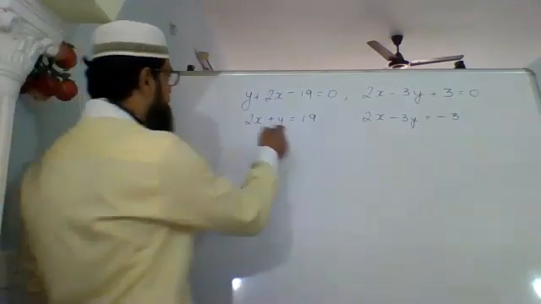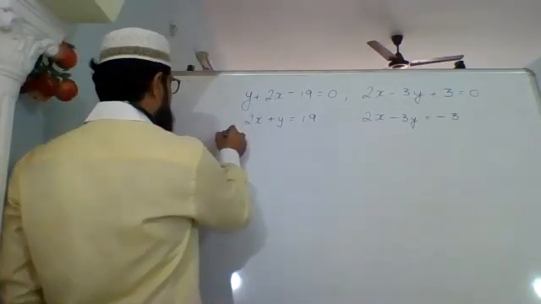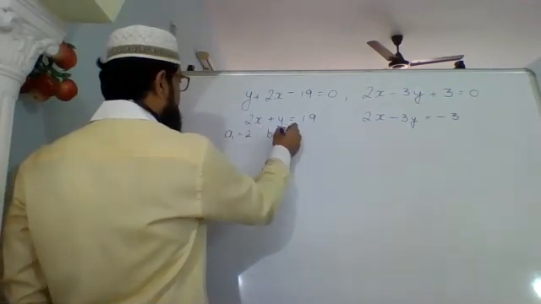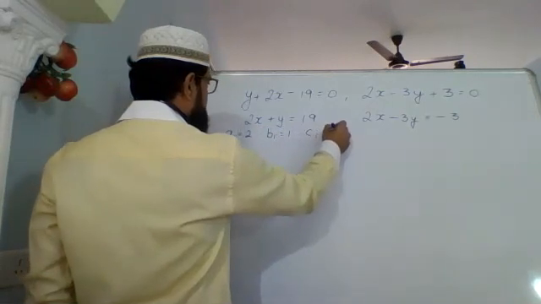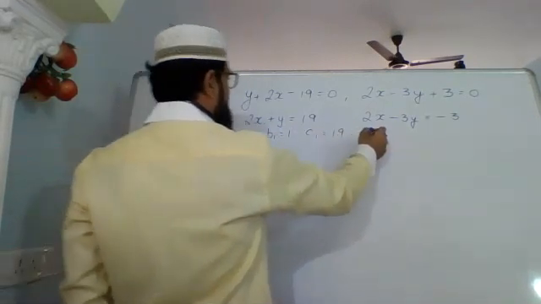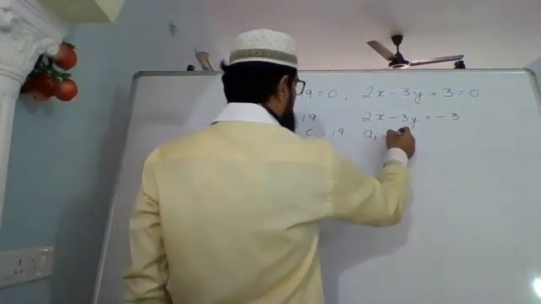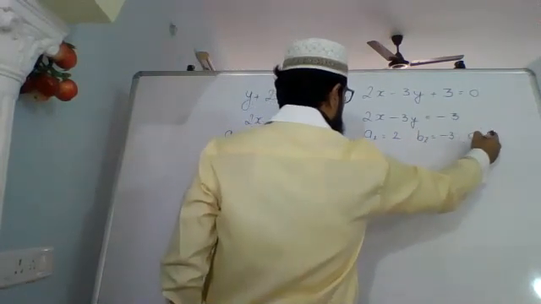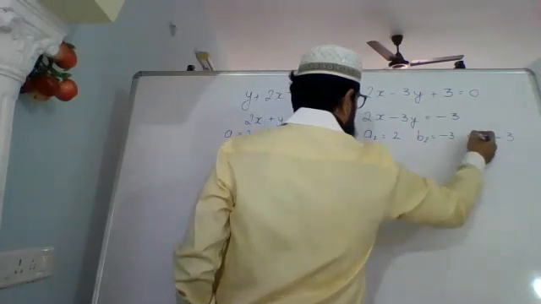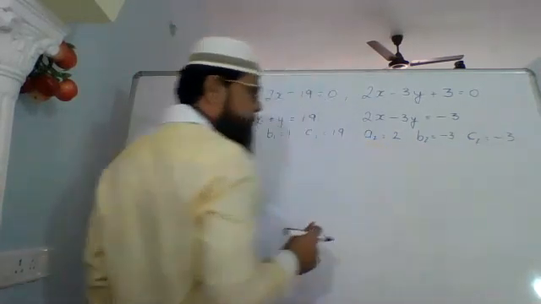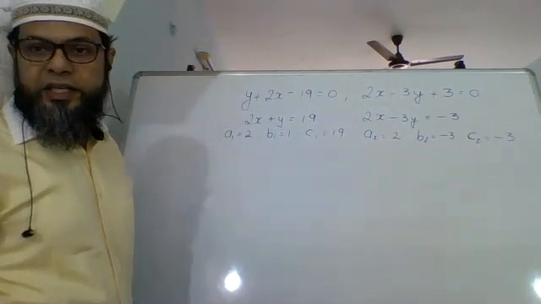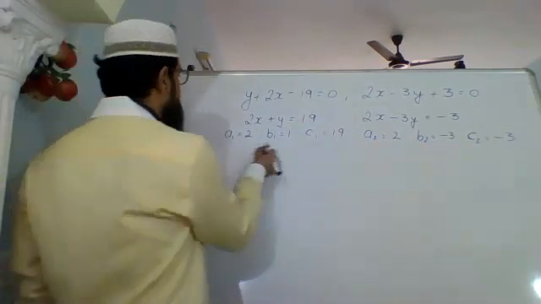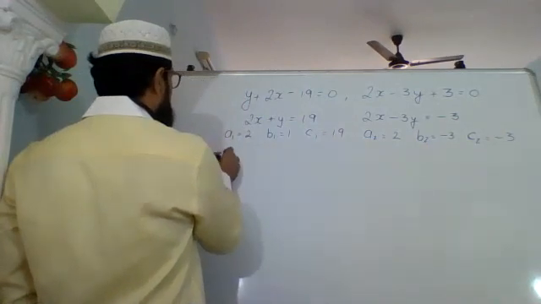Now from this, immediately what I would do is write right below it: a1 equals 2, b1 equals 1, c1 equals 19, a2 equals 2, b2 equals minus 3, c2 equals minus 3. Once I write these values, then I have to find D. What is D?